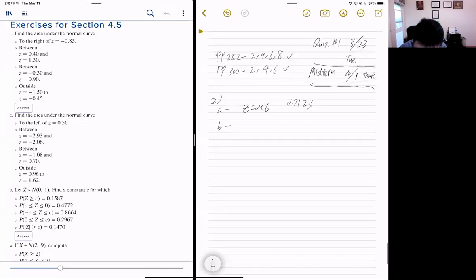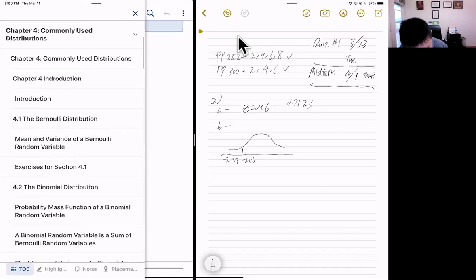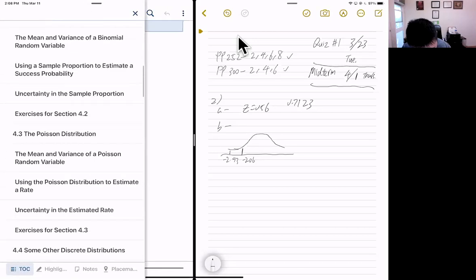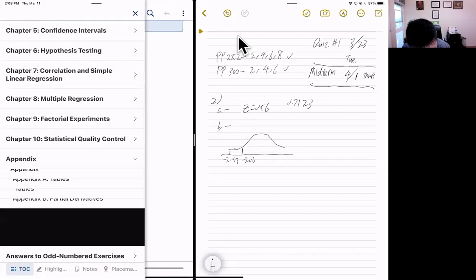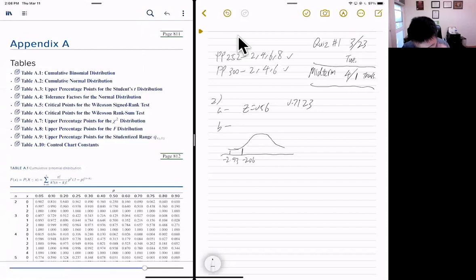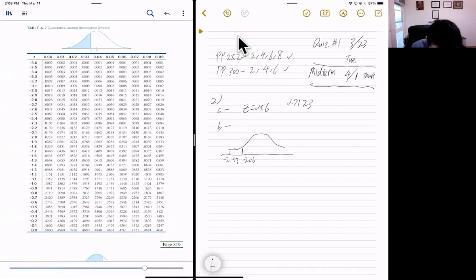So for minus 2.93, 2.9 is here, 2.93 here.